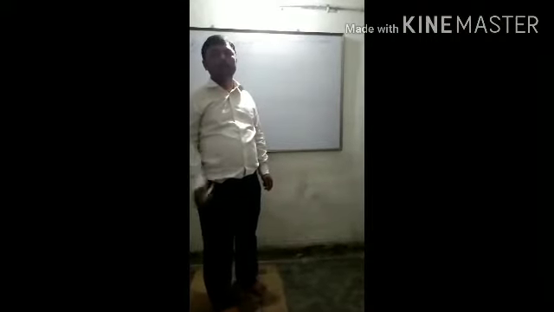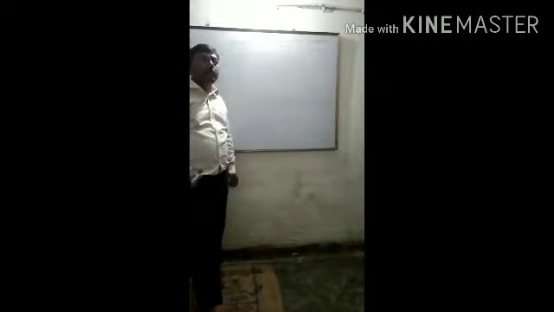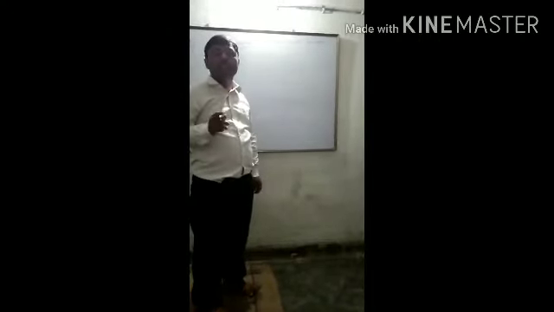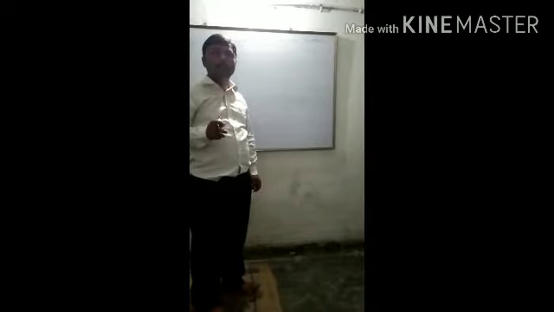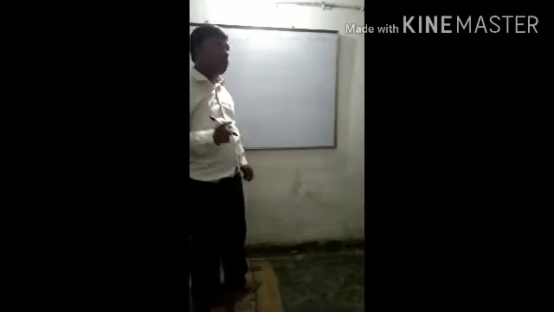Now we will conclude the sign of the addition result, and we have shown here the difference between these two rules, addition rule and product rule. Again we will revise this addition rule.